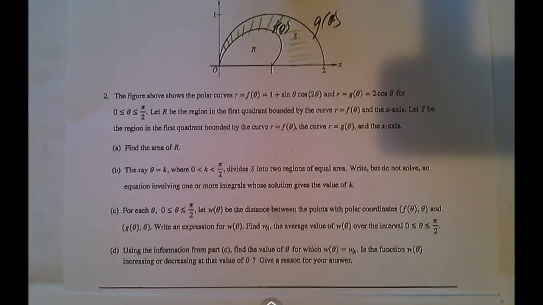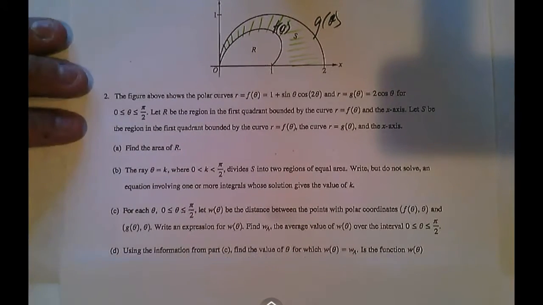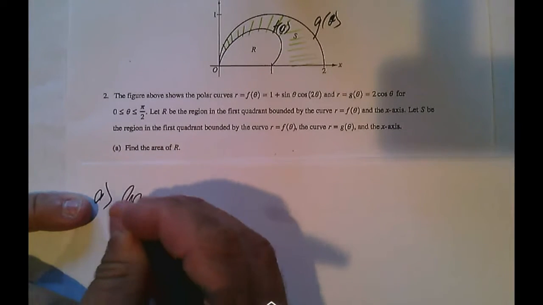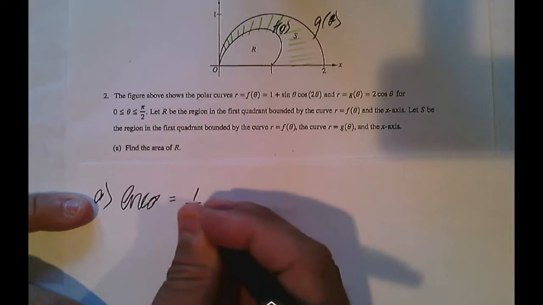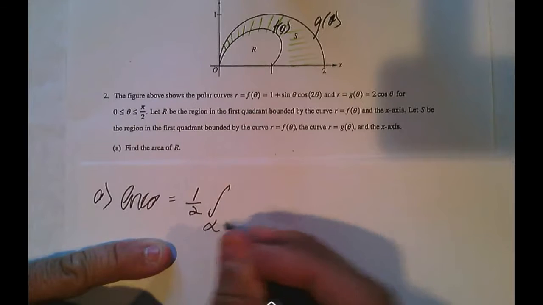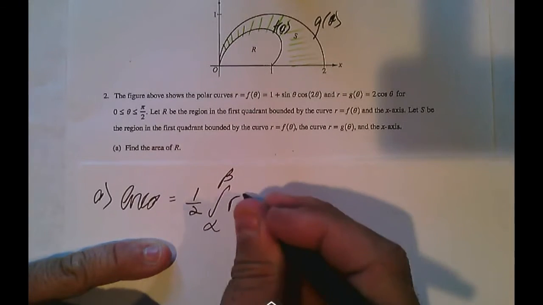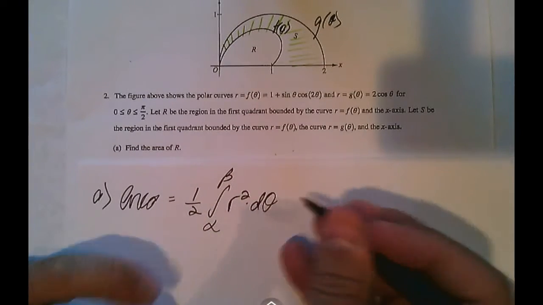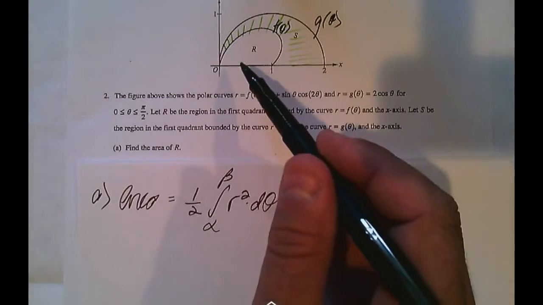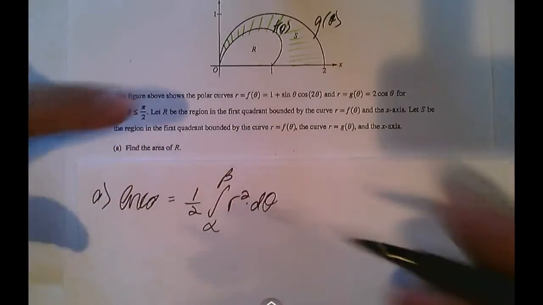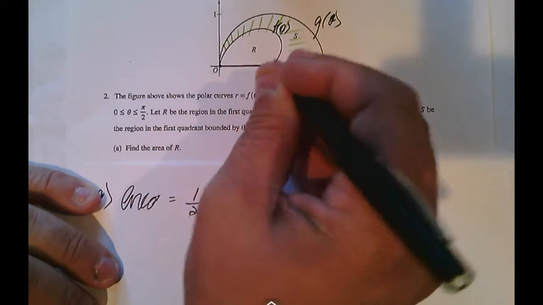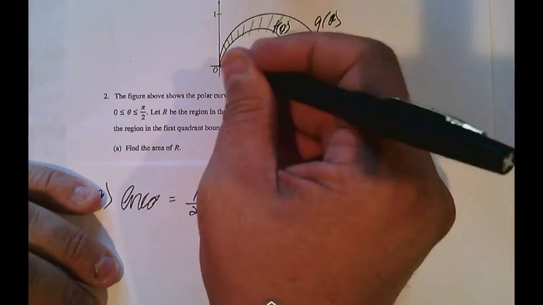In part A, we're asked to find the area of R, and I would hope that part A is a pretty standard question. We know that the way we find area in polar is 1/2 times the integral from alpha to beta of radius squared d theta. Now what's the radius for region R? Think about all those little sectors.